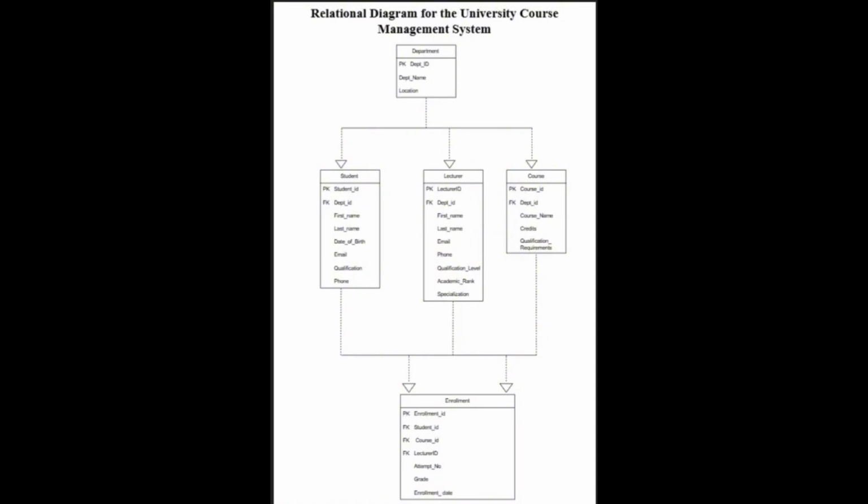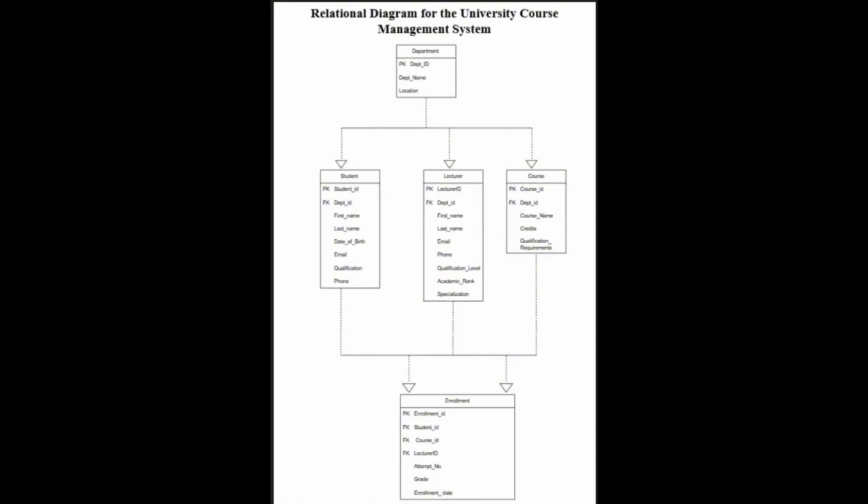Additionally, assignment and submission tables are integrated with course and student to facilitate tracking of tasks and their outcomes. The overall design includes foreign keys to maintain referential integrity and primary keys for unique record identification.